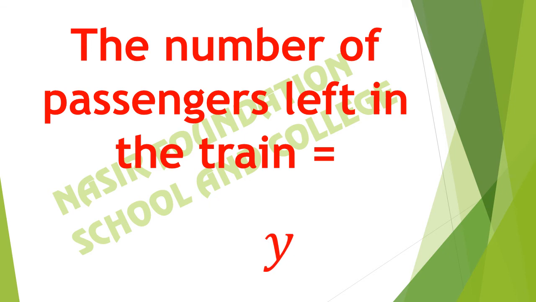We will subtract the number of passengers who get down from the train from the number of passengers in the train. This is the general way to find out the number of passengers left in the train. So we are using alphabets X and Y to make this equation.